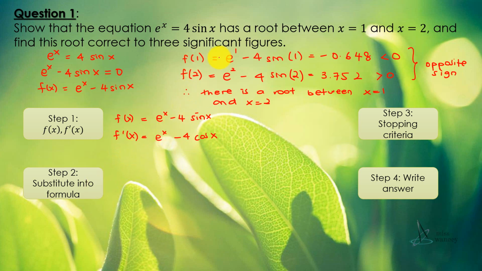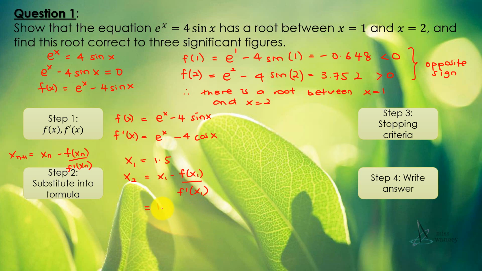Since we know that there is a root between x = 1 and x = 2, my first root, I'm going to take somewhere in between 1 and 2. So let us try 1.5. The formula is x_{n+1} = x_n - f(x_n) / f'(x_n). So that means for x2, this is x1 - f(x1) / f'(x1).